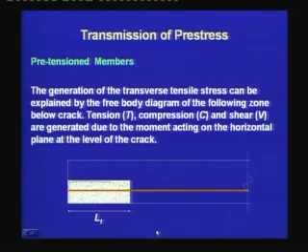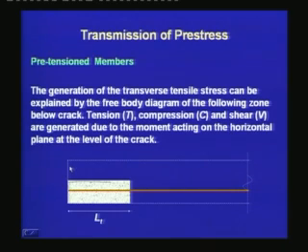The generation of the transverse tensile stress can be explained by the free body diagram of the following zone below a crack. The tension, compression, and shear are generated due to the moment acting on the horizontal plane at the level of the crack.